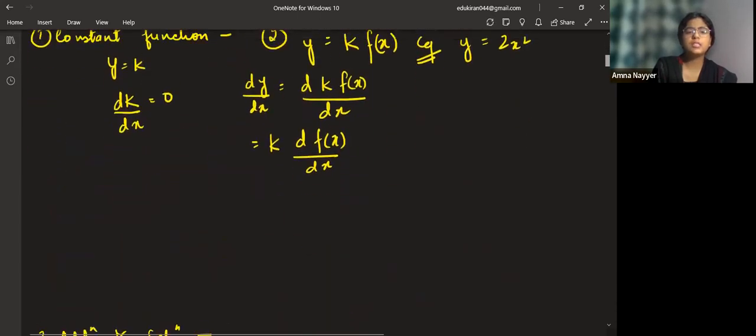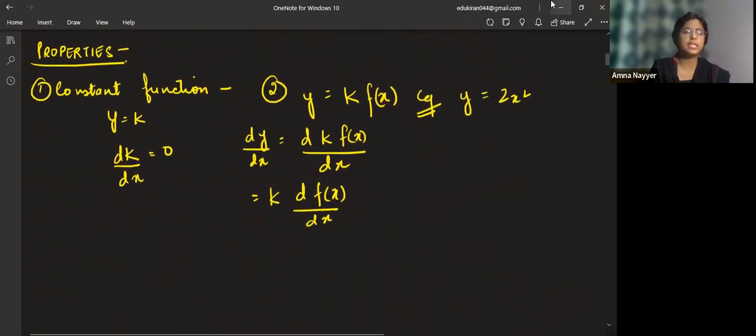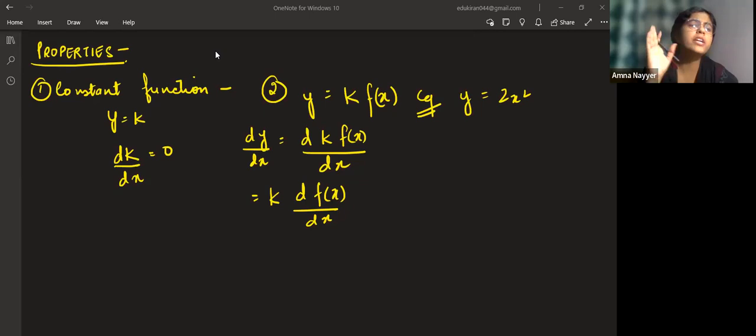Now, just remember the properties of differentiation before moving on to integration. If you have only a constant term and you are differentiating it, the result would be 0.